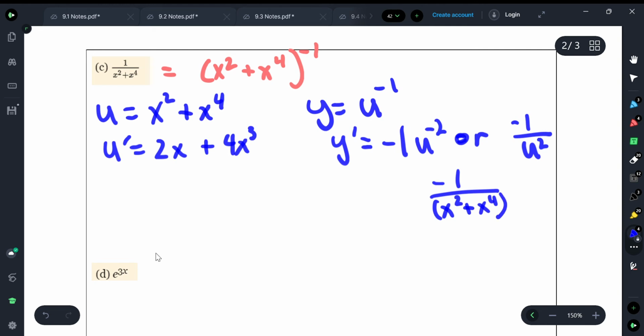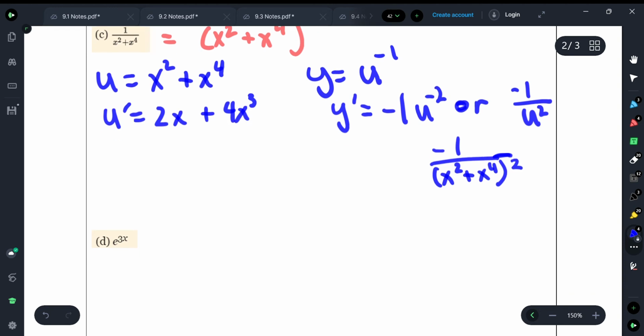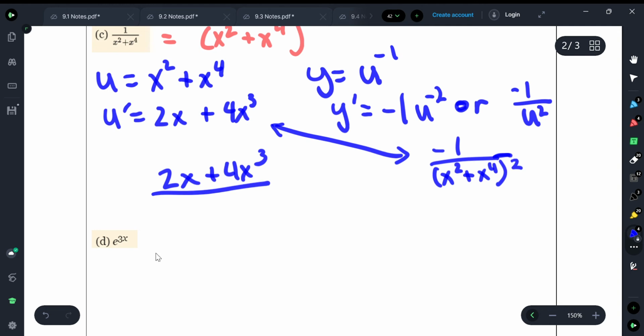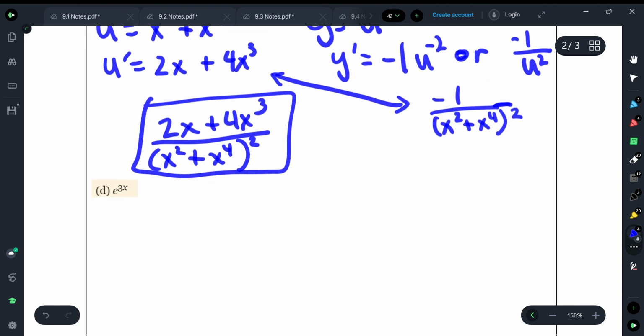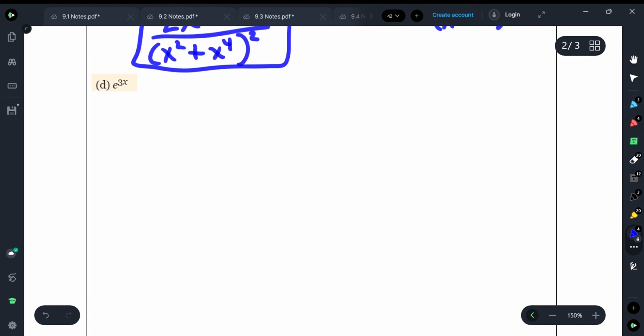We could have done the quotient rule, and you can see that with the quotient rule we get this squared here. So we're just going to multiply both of these together. When I multiply that, this is going to be in my numerator, and I have this in my denominator. Okay, cool. Not too hard. Very simple if you know what you're doing, if you just put it together.